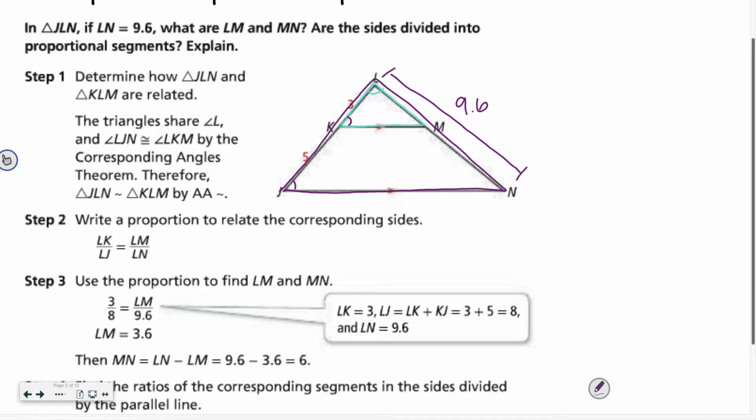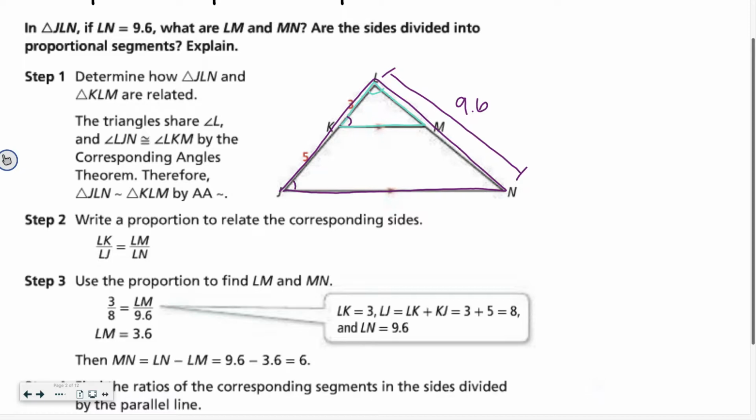But remember corresponding angles. So if I have two parallel lines, 3 and 5 or something, those would be corresponding and they are congruent. Okay, so angle LJN is congruent to angle LKM. Therefore, those two triangles are similar by angle-angle similarity.